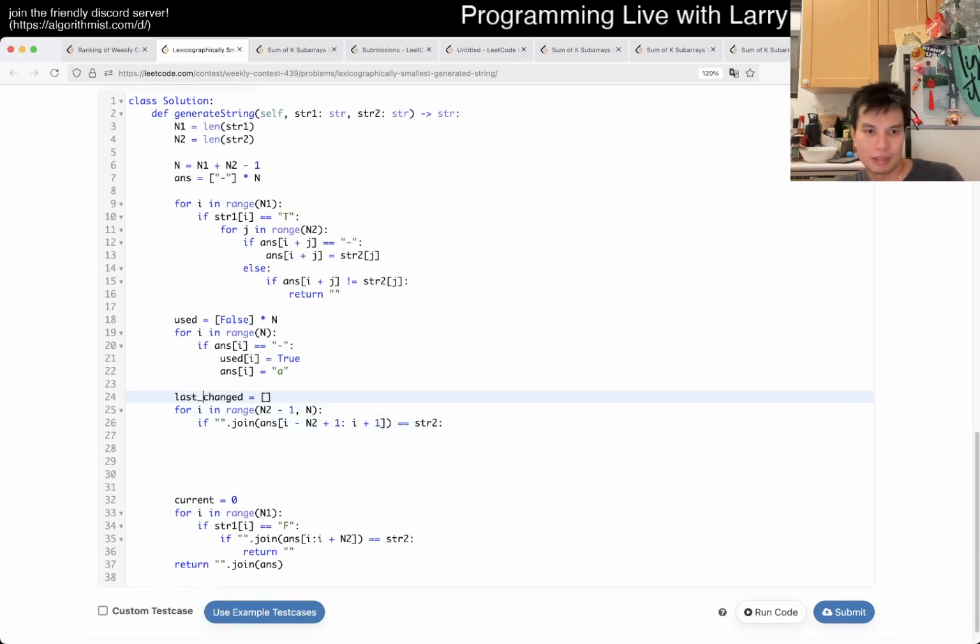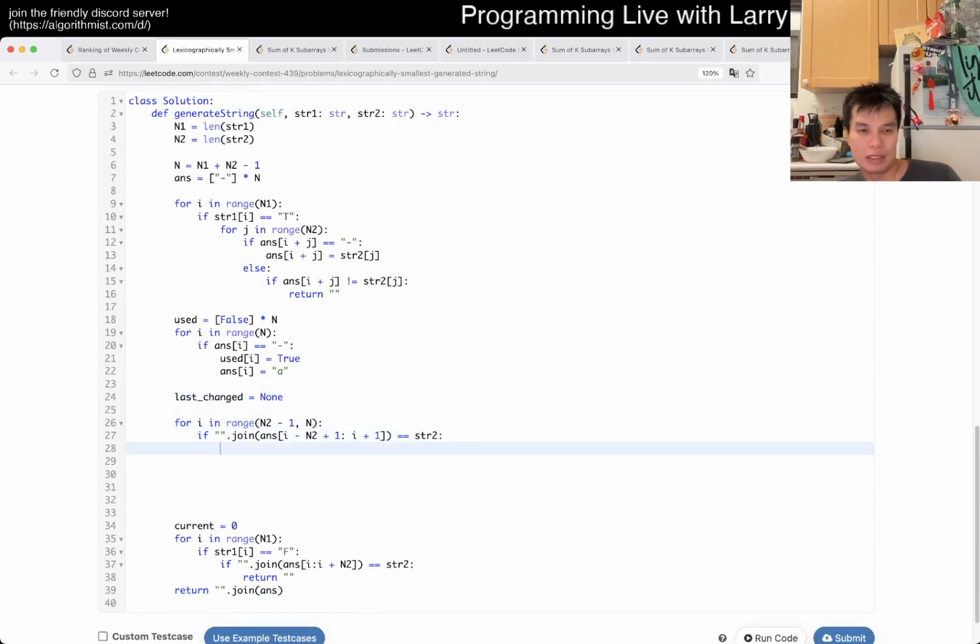Okay, so if this is the case, then the last change of this is an index. We change this to the next character.